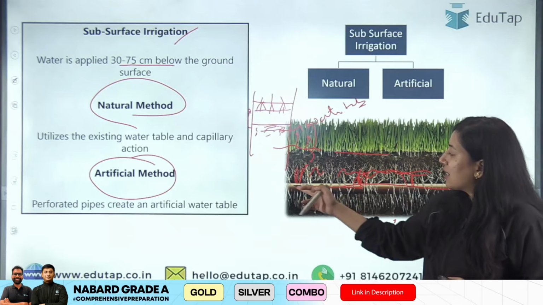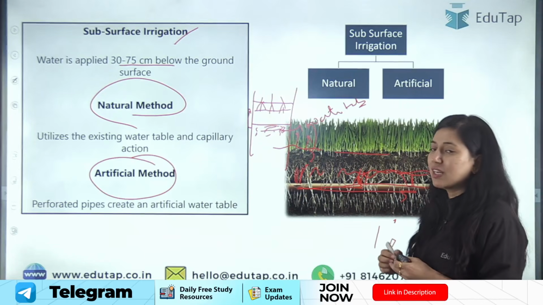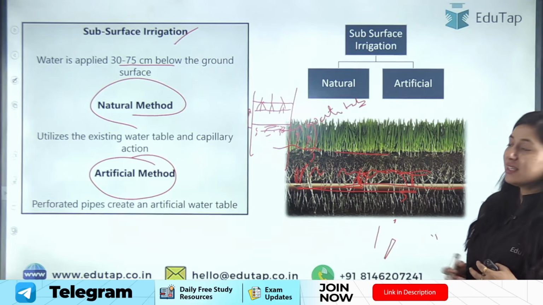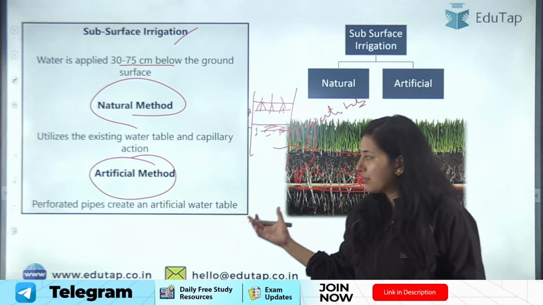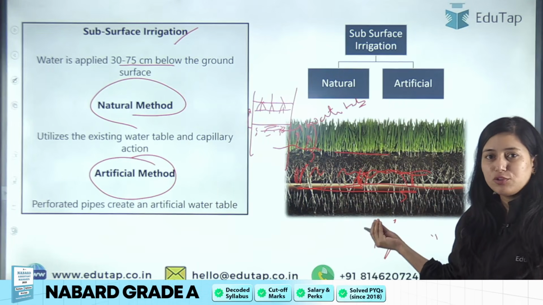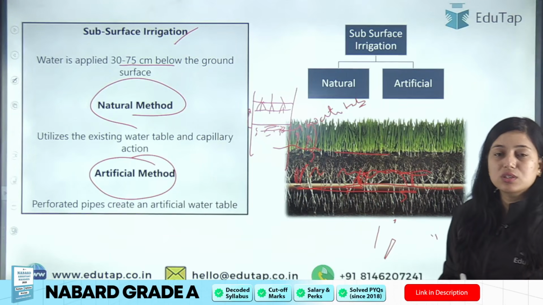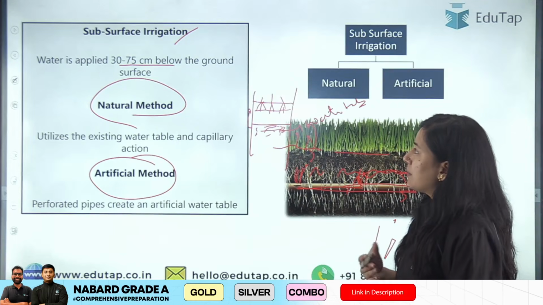But if we directly apply water at the subsurface level, evaporation losses will be less. Clear? That is why the subsurface irrigation method is adopted. So this is the artificial subsurface method, where we artificially install pipes at the subsurface level and directly irrigate the roots of the plant. This is your subsurface irrigation method.